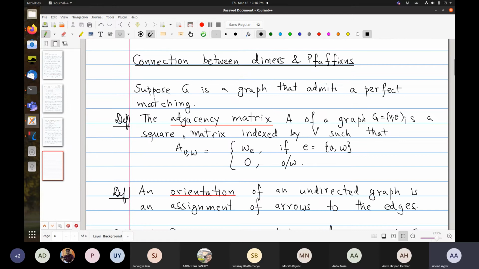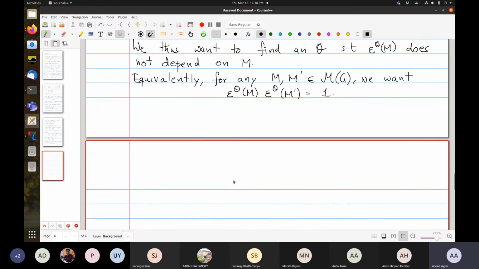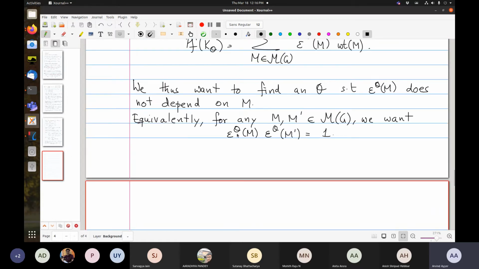Okay, good. Right? So we want them to have the same sign, so either plus plus or minus minus.